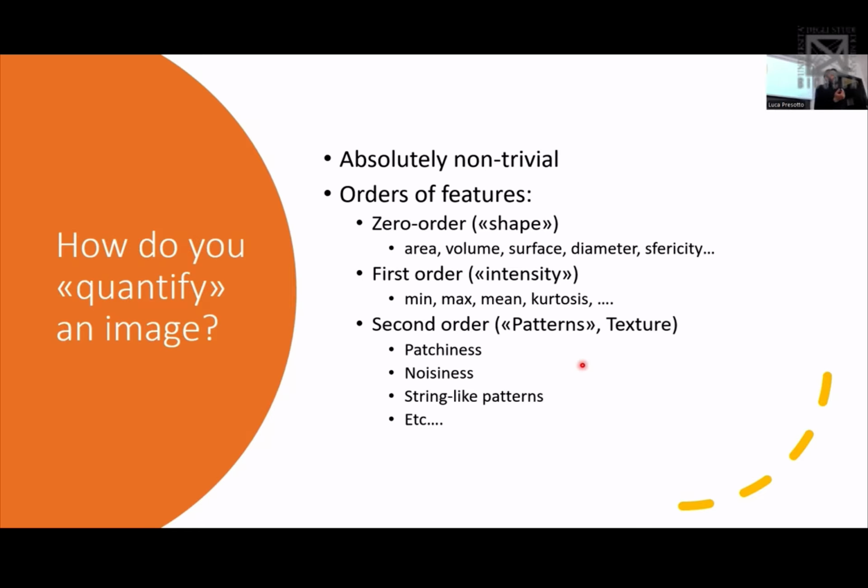The first order features relate to the intensity, which means the values that you find within that region of intensity in the image. And they can include everything that you can do on a histogram, because you take all the pixels within the segmentation, but you need to have someone who did the segmentation, of course. And then you extract minimum value, maximum value, mean, kurtosis, skewness, and whatever you might come up with.